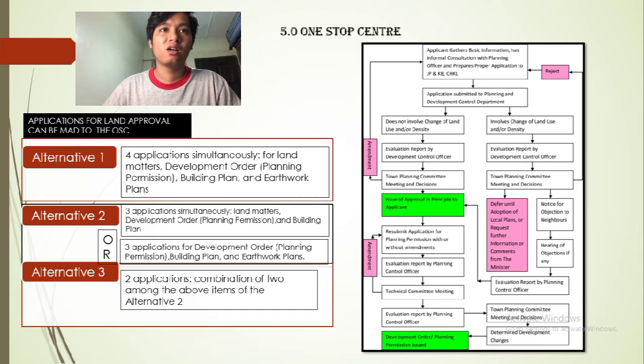Here, when the application has an amendment or something wrong in the application, the client needs to make some correction to make sure the application is true and follows the rules.